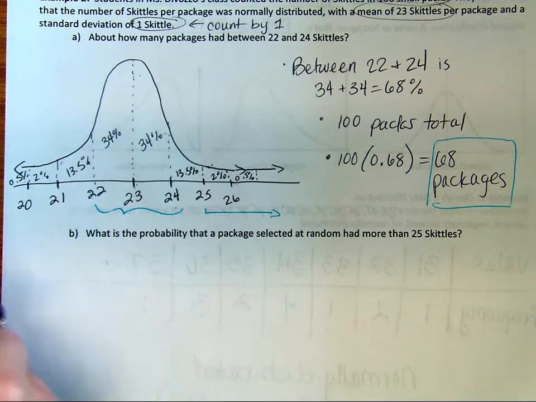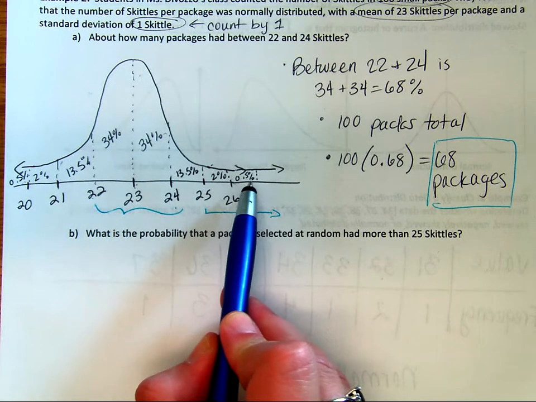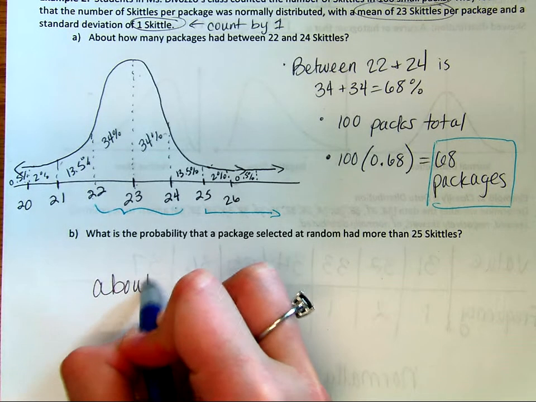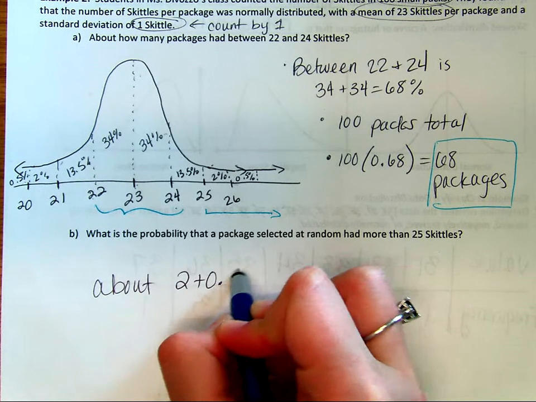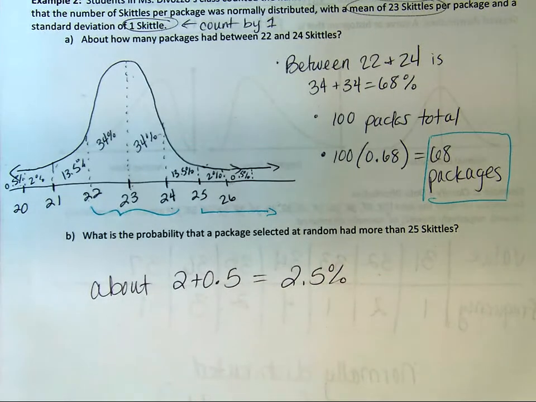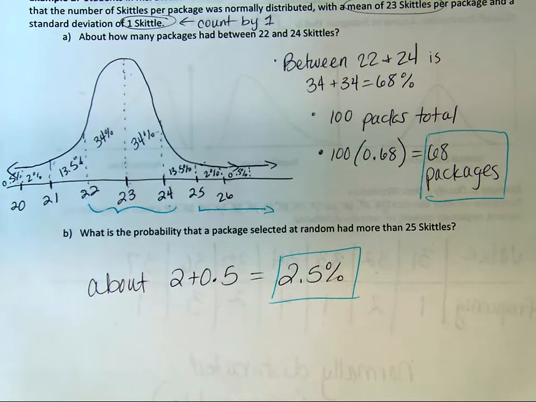So I've got the 2%, and then another 0.5% included. So this is going to be about 2 plus 0.5. That's about 2.5%. Well, that is 2.5%. And when we're talking about probability, it's okay to give your answer as a percentage. So that's all they're looking for there. They want the percentage for the probability.